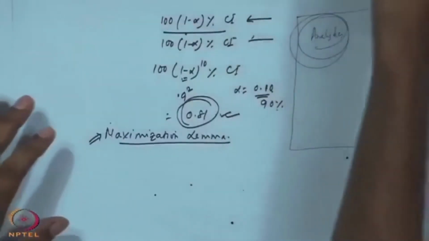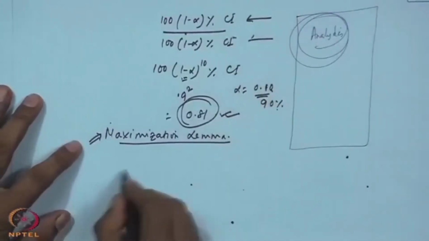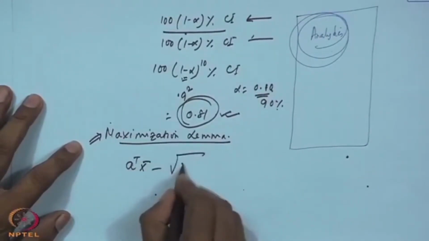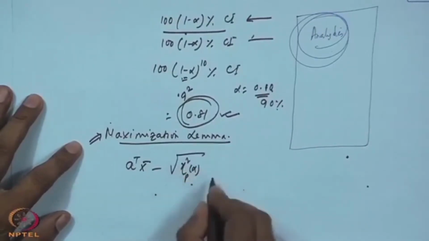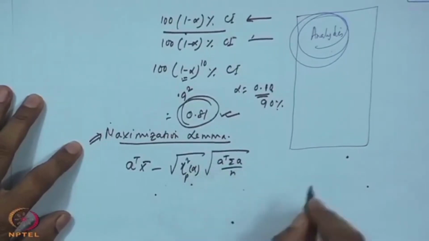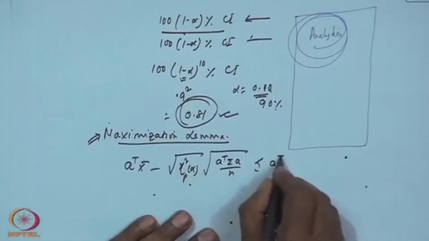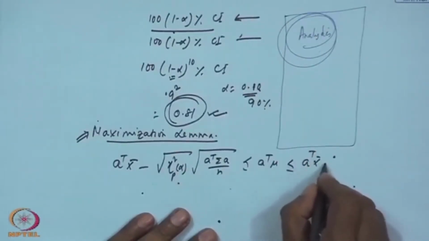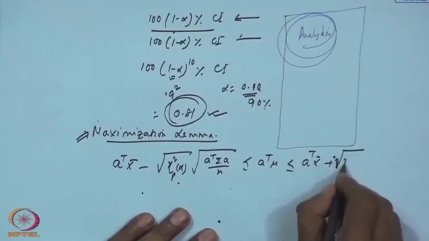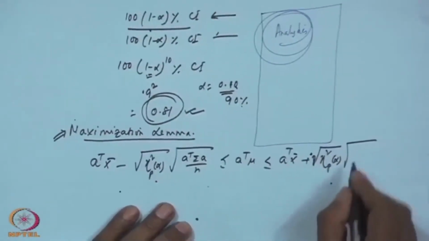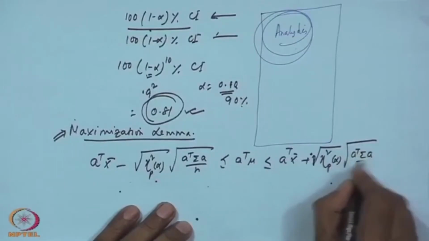So this change is like this: A transpose x bar minus the root of chi-square p alpha times the same thing, A transpose S A divided by n, less than or equal to A transpose mu, less than or equal to A transpose x bar plus again that chi-square p alpha term, the same thing, A transpose S A by n.